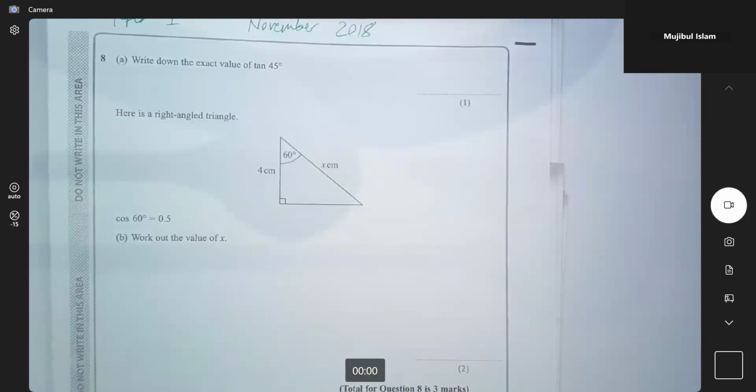So this one is in your packs. But I do want to skip it. Let's see. Well, this is actually a non-calculator paper question. So I don't know, shall we skip it or not? And let me just check chat. Any other comments?